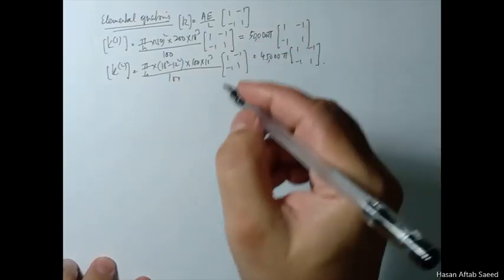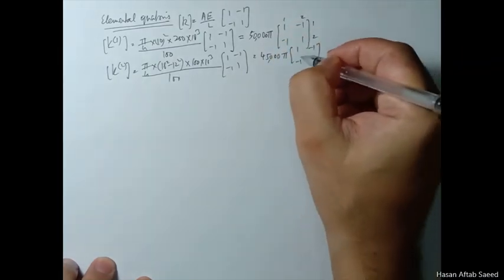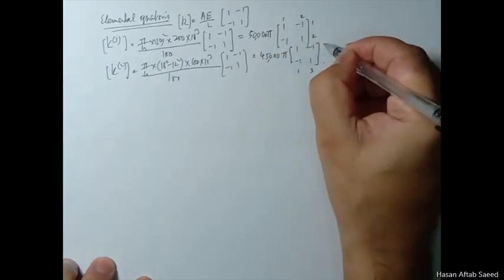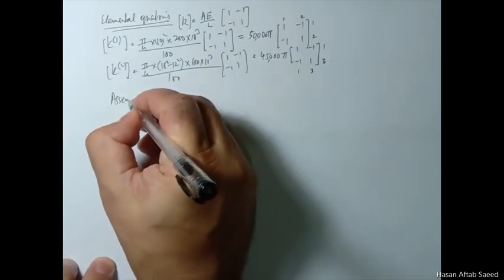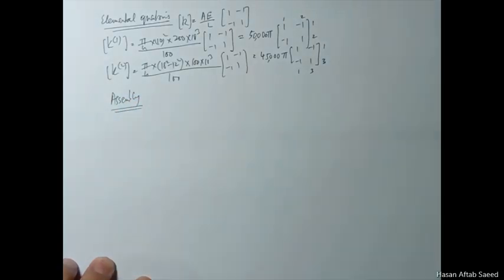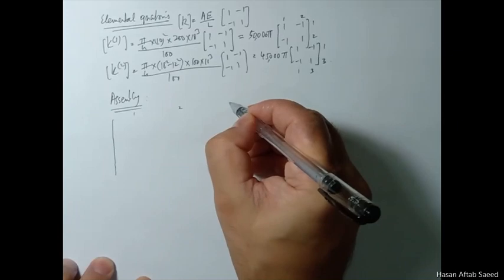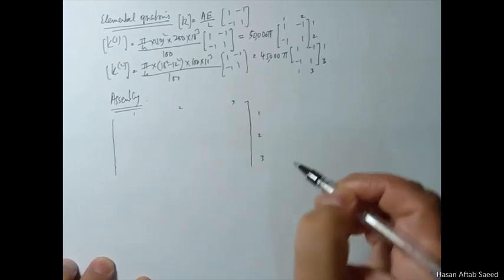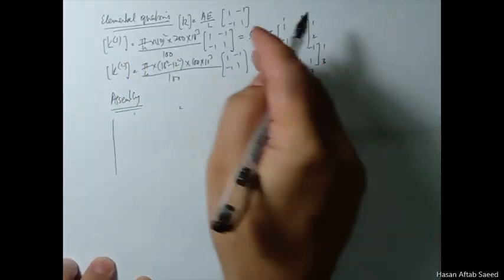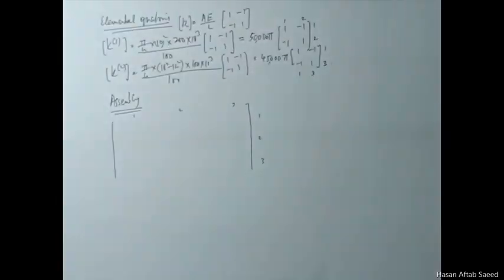Now, from your connectivity table, this is 1 2 1 2. This is 1 3 1 3. So when you assemble to make this system matrix, you have 1 2 3, 1 2 3. Put in the values by using the connectivity. The first element 1 and 2, the second element 1 and 3.